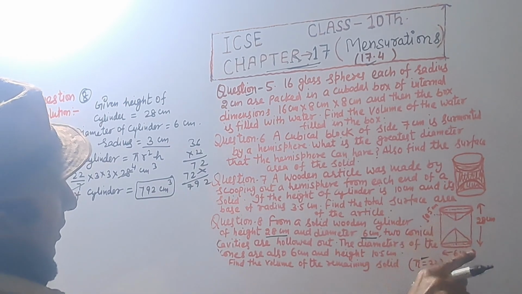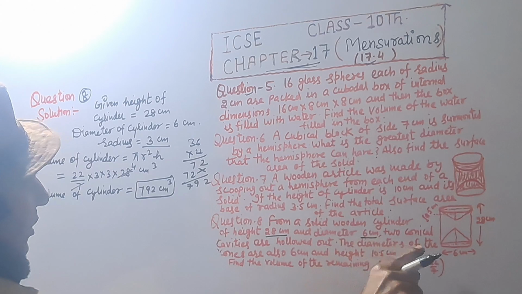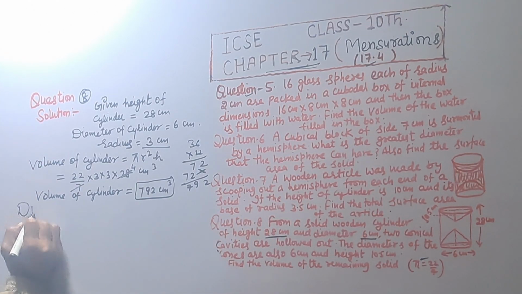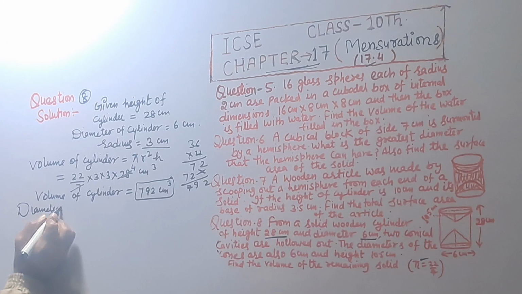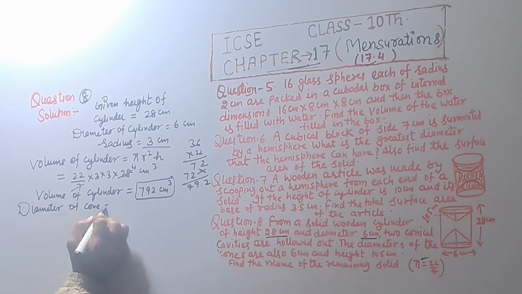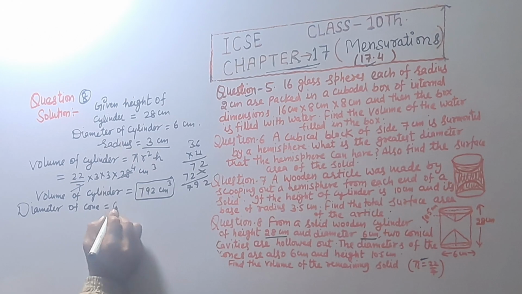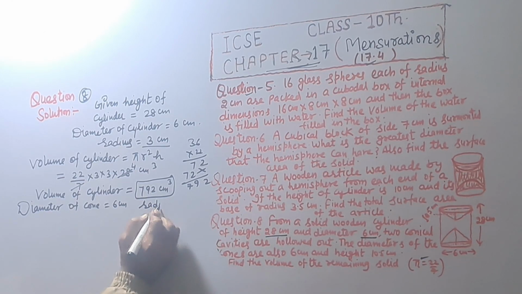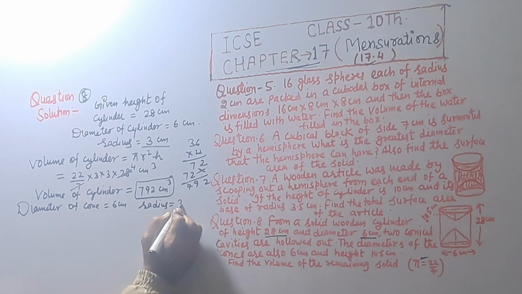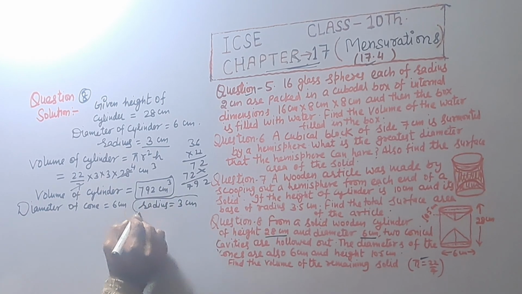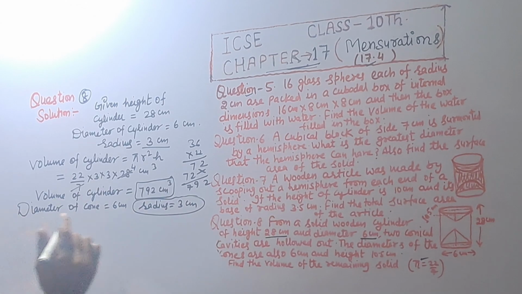And two cones. The diameters of the cones are also 6 centimeter, then its radius equal to half of diameter, that is 3 centimeter.